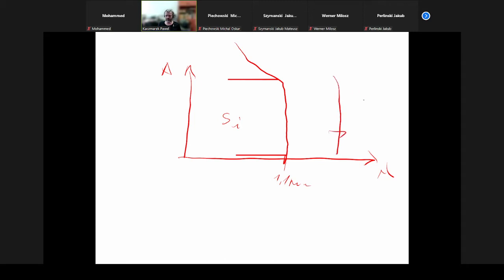So for the semiconductors from the A3B5 group, you know them, for example, gallium arsenide or indium gallium arsenide and other compositions of such semiconductors, this edge can be at much higher wavelengths, lower frequencies.